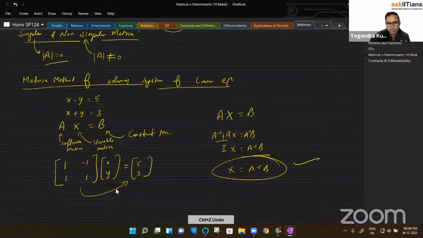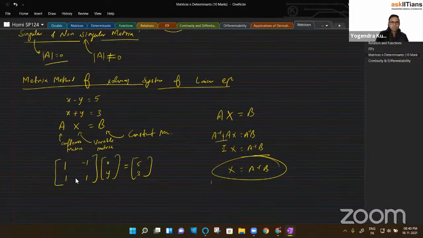It is simple. Everyone is getting that? So can you tell me what is the inverse of this matrix?